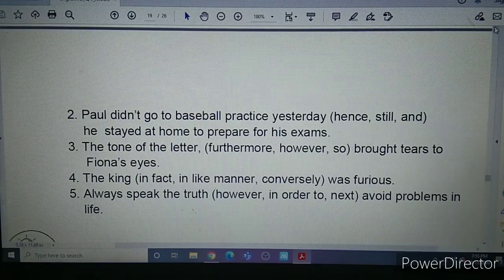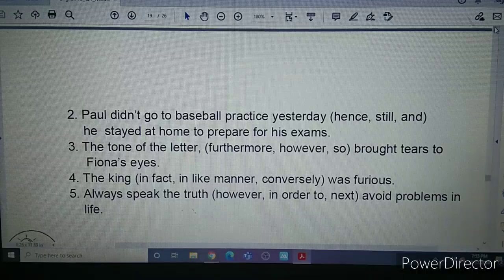Let's move on to number 2. Paul didn't go to baseball practice yesterday, hence, still, and he stayed at home to prepare for his exams. What do you think is the correct answer? Yes, the correct answer is hence. Now let's move on to number 3. The tone of the letter, furthermore, however, so, brought tears to Fiona's eyes.